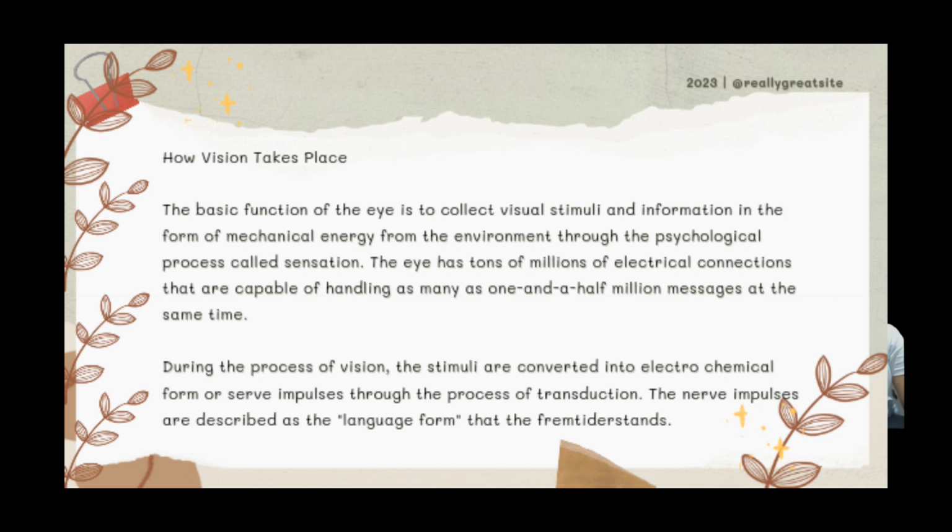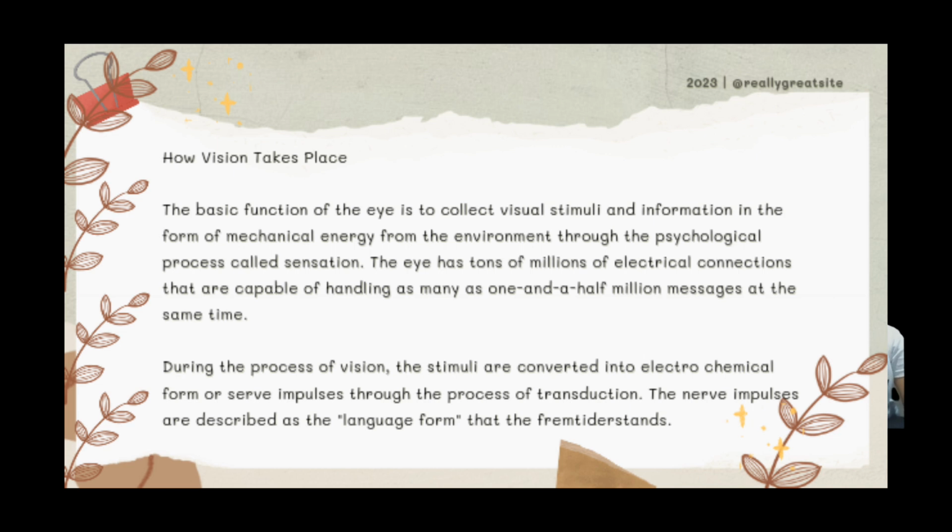During the process of vision, the stimuli are converted into the electrical form of nerve impulses through the process of transduction. The optic nerve carries the nerve impulses to the occipital lobe of the brain, where perception takes place in the form of visual images.